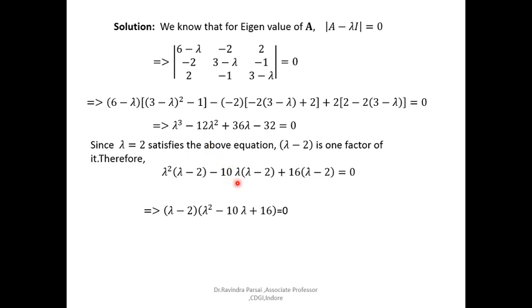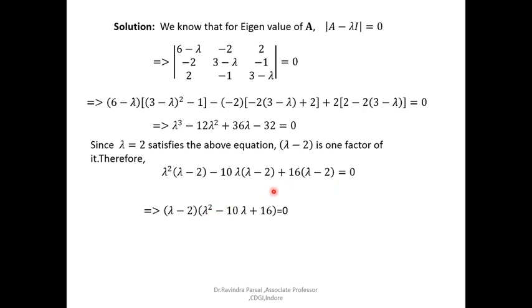That's why I multiply the second term by the factor minus 10 lambda, and by this multiplication you get 20 lambda. Your requirement is 36 lambda, so 16 lambda more is required. That's why you choose the next multiplier 16. By this your last term automatically adjusts: 16 into minus 2 is minus 32.